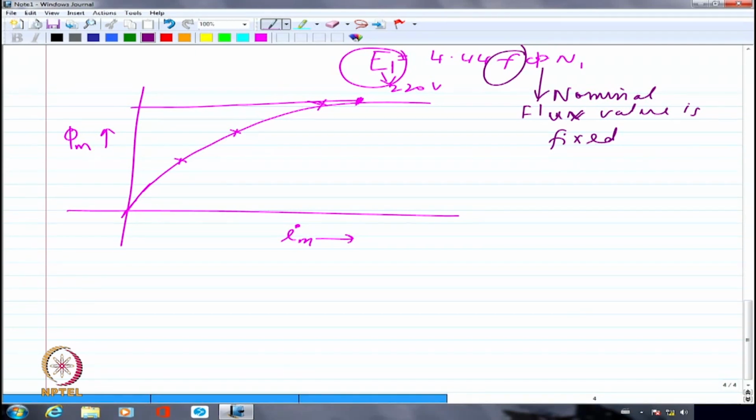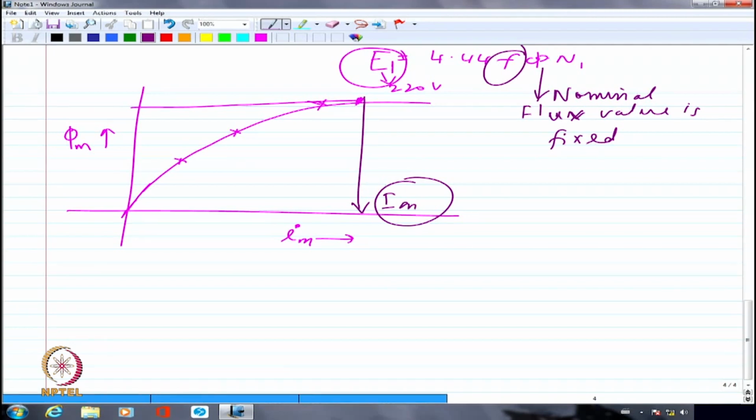If the nominal flux value is fixed, clearly I will have the magnetizing current also fixed. And the operating point is fixed, which means the inductance is fixed. So at rated operating condition, we are going to have the Lm value as a fixed value. It will not be changing.